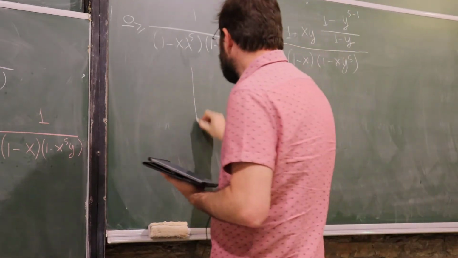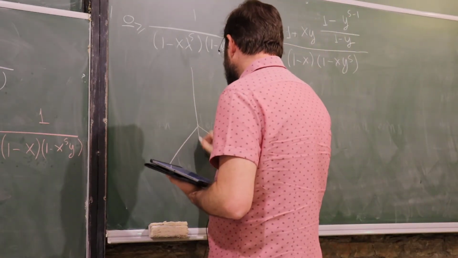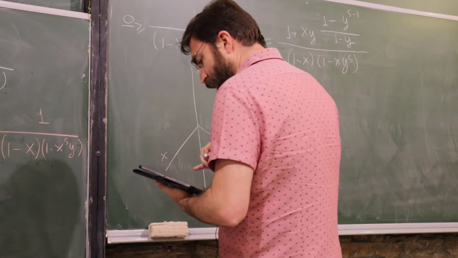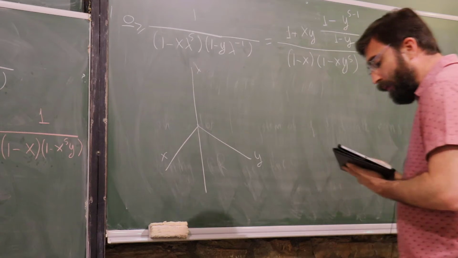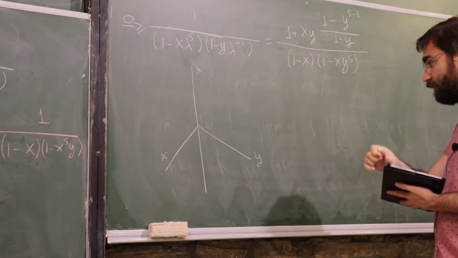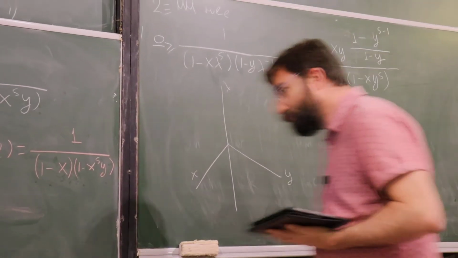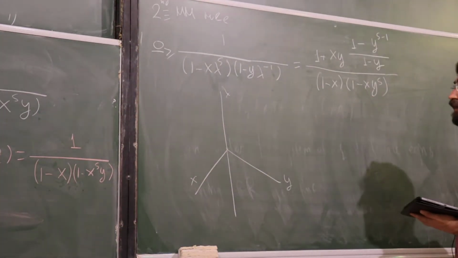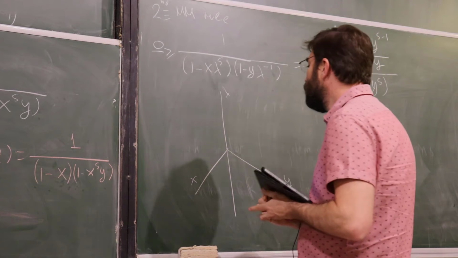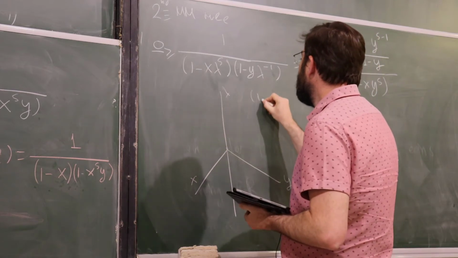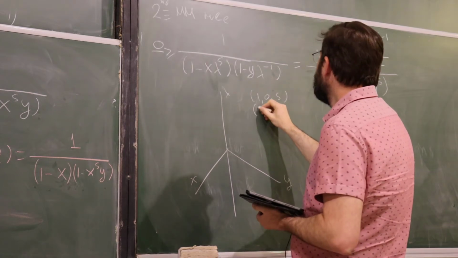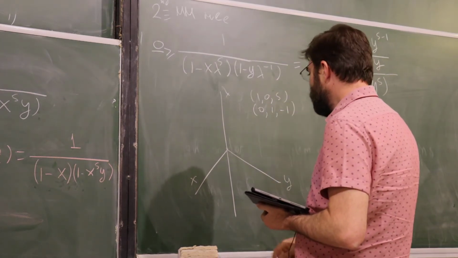Let's see what happens here. What are the generators? Now we have 1, 0, s, and 0, 1, minus 1, right?